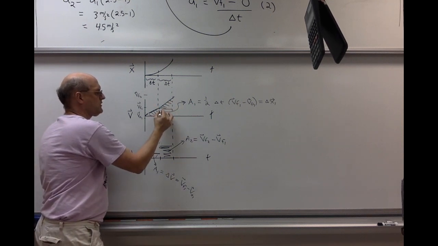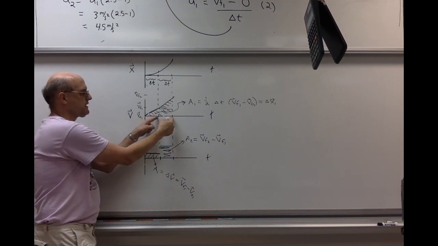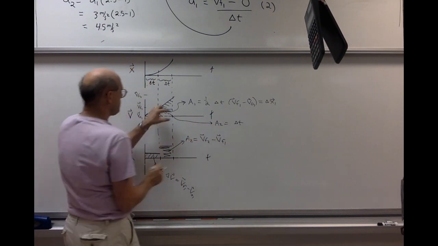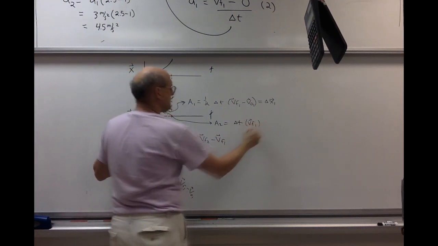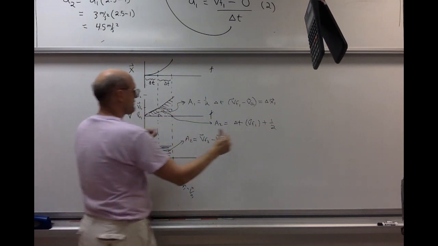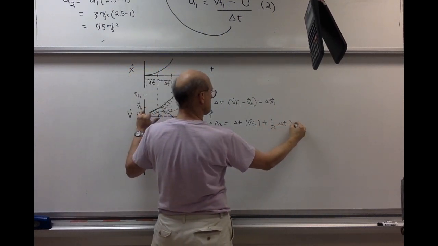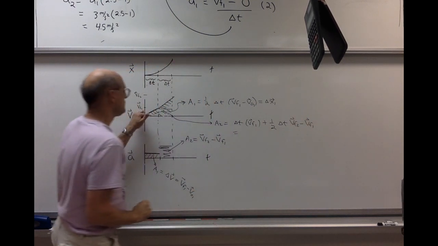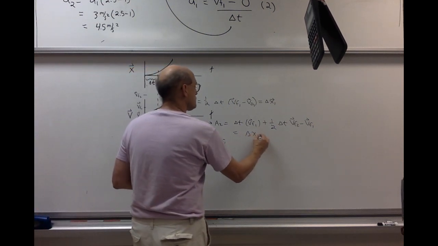So we have a triangle on top of a rectangle. So if you found that area by taking delta t multiplied by the height of the rectangle, VF1, plus the area of the right triangle, 1/2 the base, times the height, which would be VF2 minus VF1, that would be equal to the displacement of the car during segment 2.